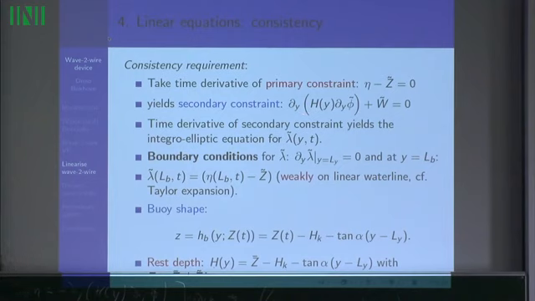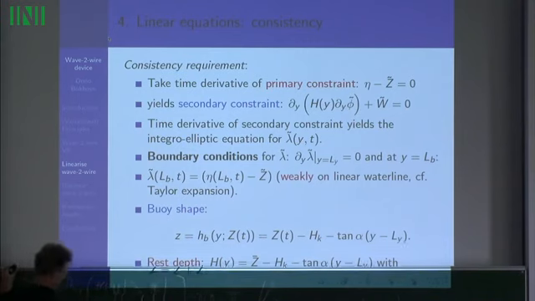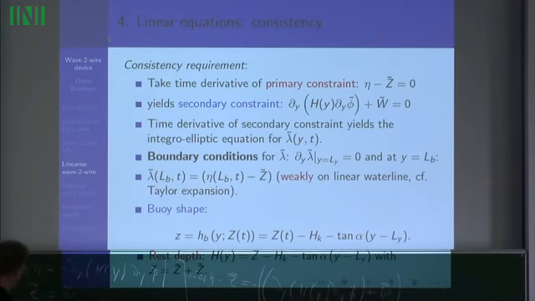Now I need to take care that this needs to be true in time. So the consequence of taking the time derivative is that this needs to be 0, but this also needs to be 0 in time. So what you now need to do is take the time derivative of the secondary constraint. So I'll do that, and again use the equations.